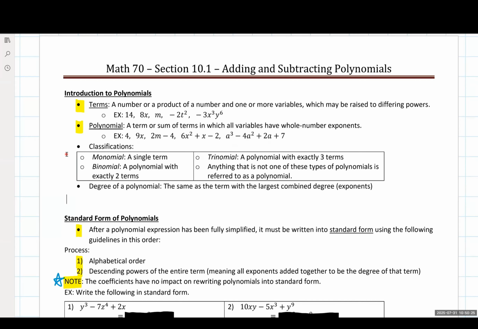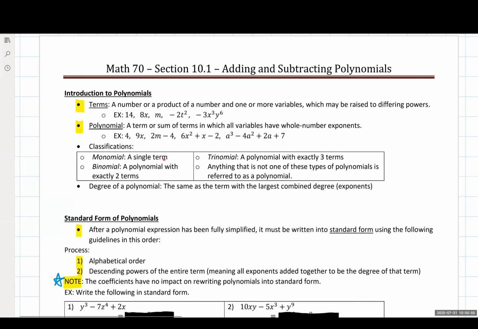So we have this overarching term of a polynomial, and polynomials adding, subtracting together. Within this umbrella idea of polynomials, we have some specific classifications for them based on the number of terms that are adding or subtracting together. So we have monomials, and this is just a single term.